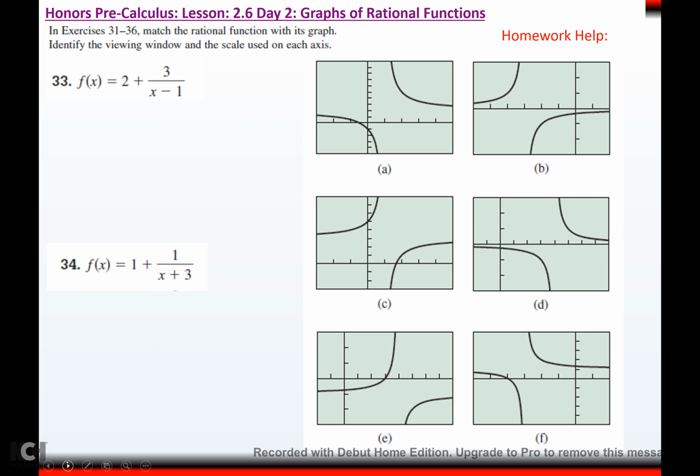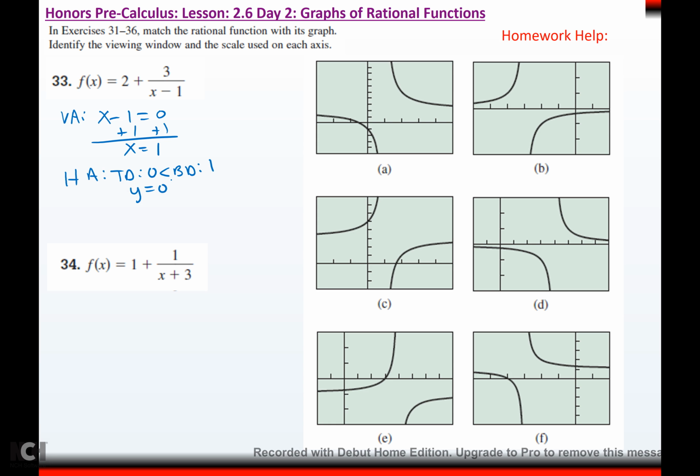Okay, 33. This one is going to have a vertical asymptote at 1. A horizontal asymptote: top degree is 0, bottom degree is 1. Top is smaller than bottom, so y equals 0.